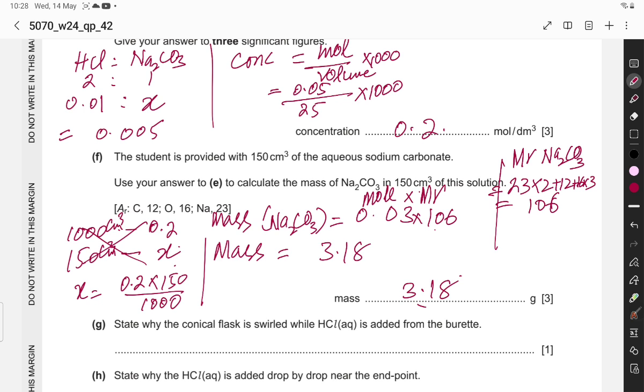State why the conical flask is swirled while HCl is added from the burette. To mix the contents.